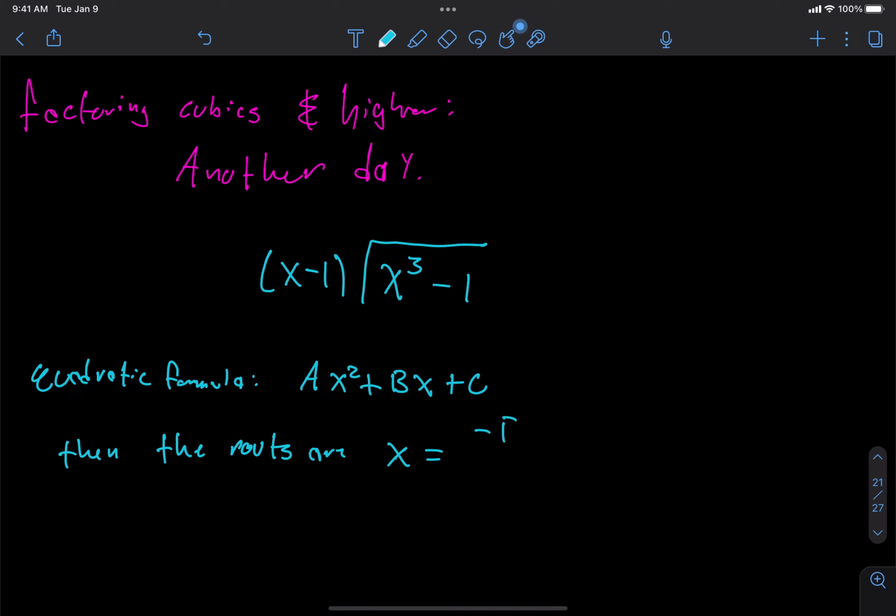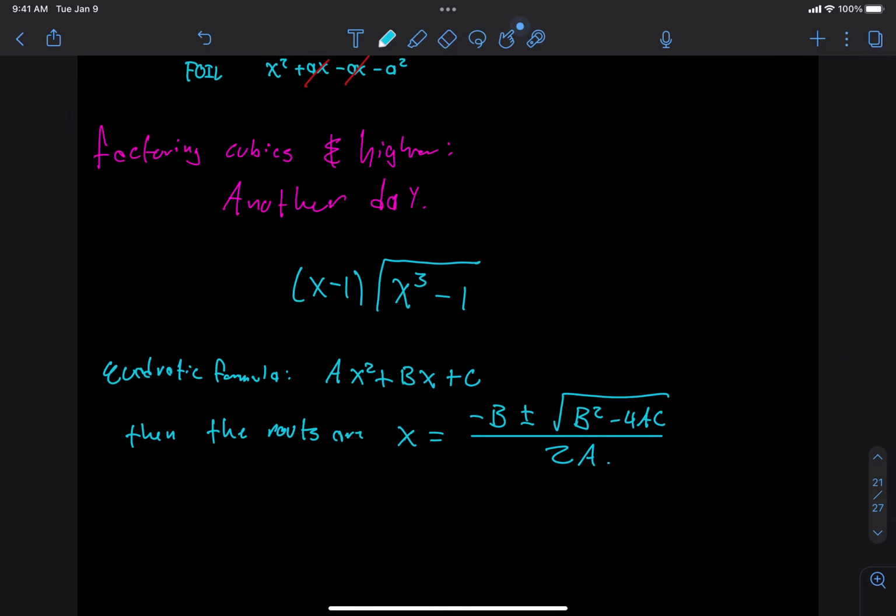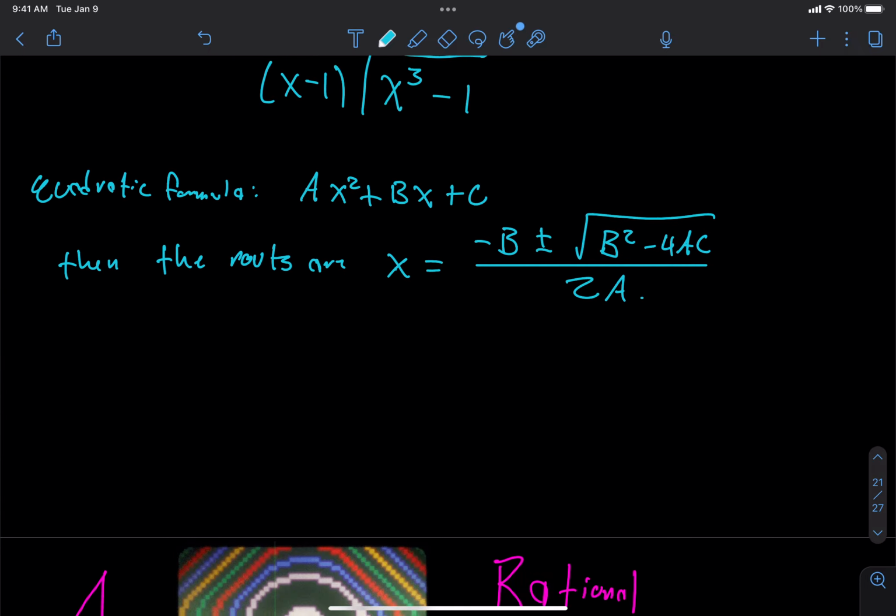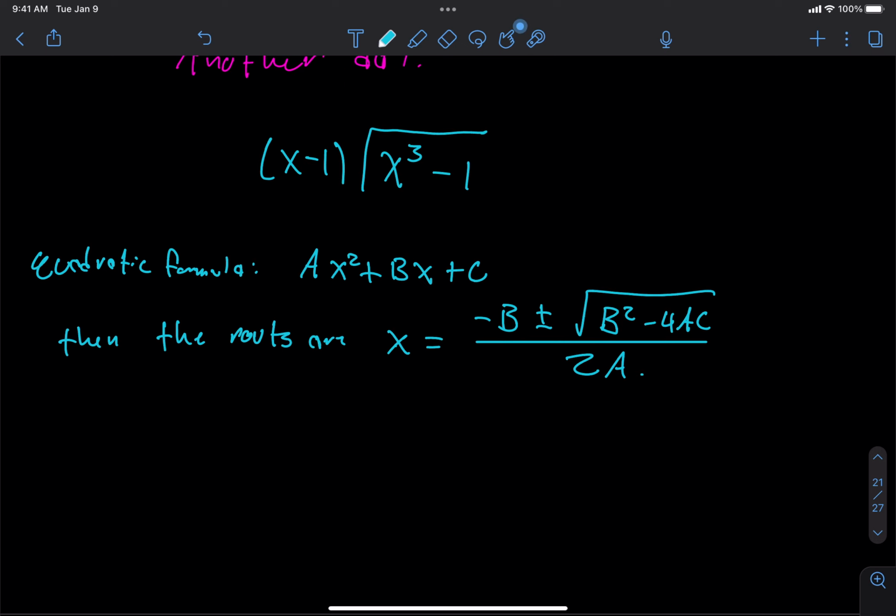Negative b plus or minus the square root of b squared minus 4ac all over 2. Very good. Or is it 2a? I think it's 2a. Yeah. Okay, all over 2a. Okay, so that's how you can get the roots.